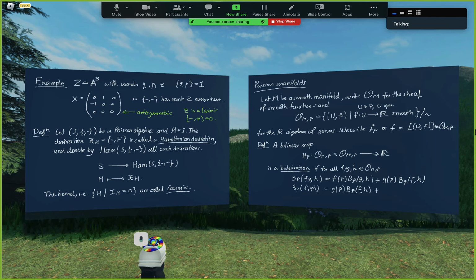I won't write it out, but it's clear what it means for such a bilinear map to be antisymmetric.